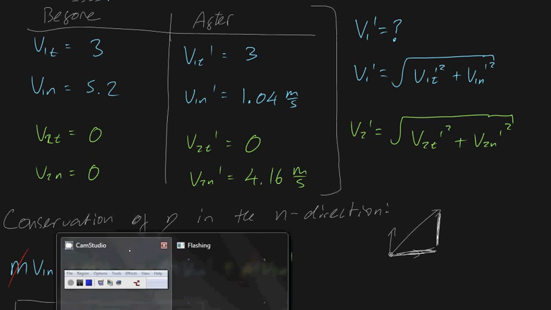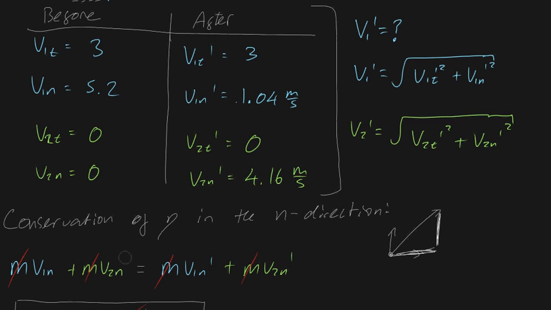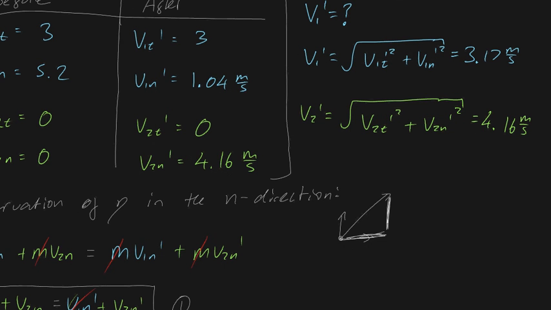And when you plug that into your calculator, what you're left with is that the velocity of our first ball after collision is going to be 3.17 meters per second. Remember, we're asking for a speed, not the velocity, so just the magnitude of the vector is fine. And for our second ball after collision, the speed is 4.16 meters per second. Okay guys, I hope that makes sense. This is how you apply these formulas in these types of problems.